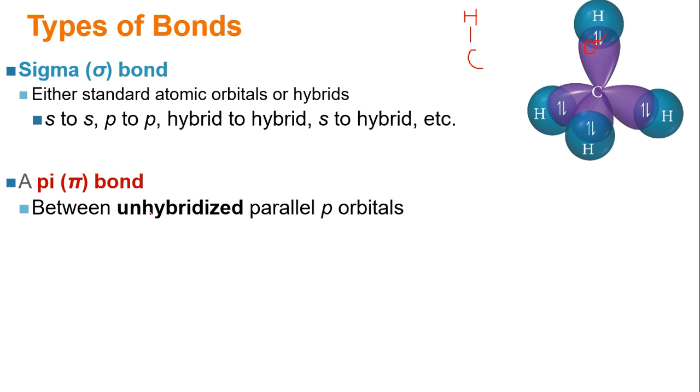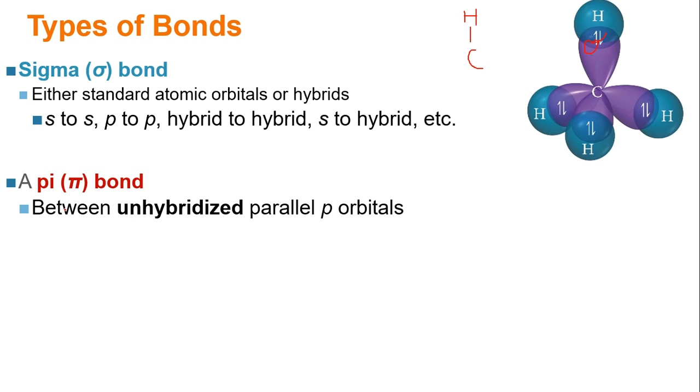A pi bond is going to be our double bond. So our pi bond is our double or our triple bond. And while there's a plethora of ways to make a sigma bond, there's only one way to make a pi bond.